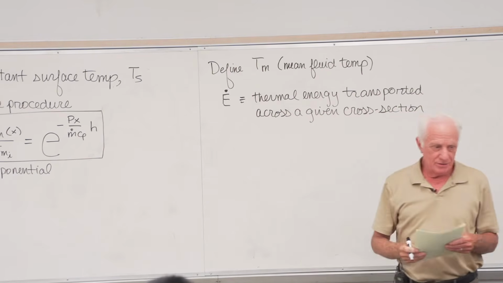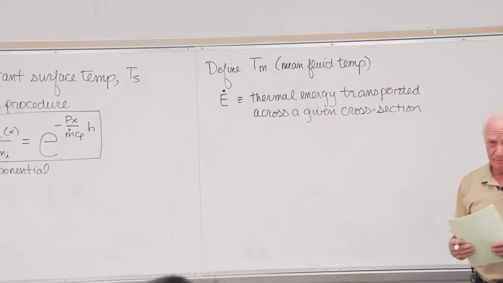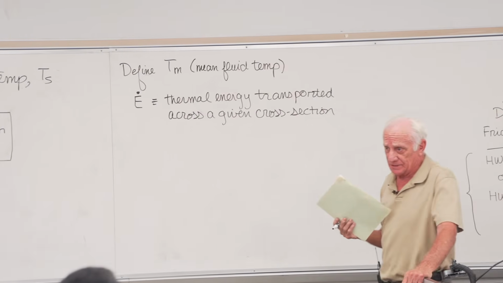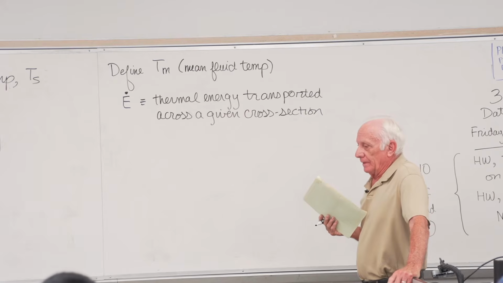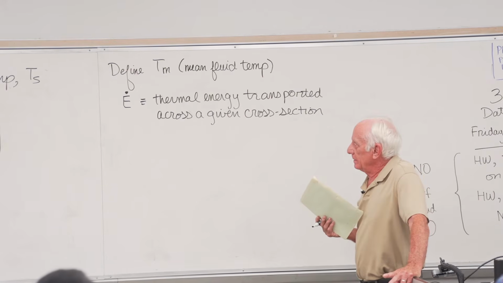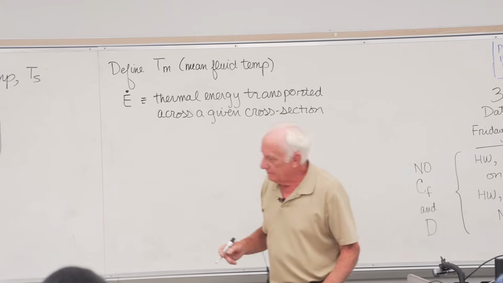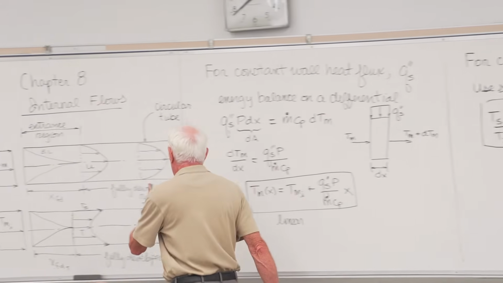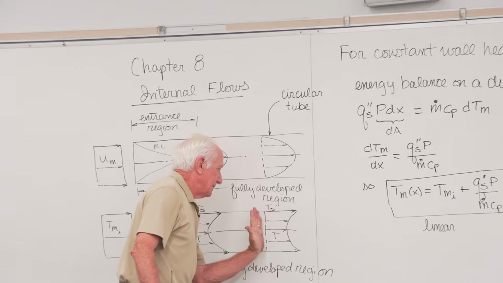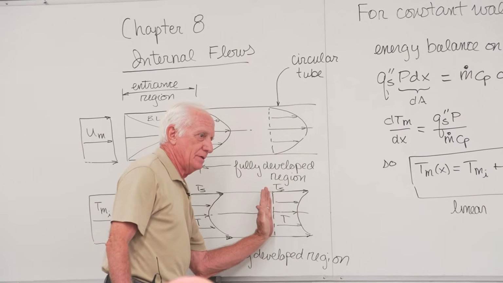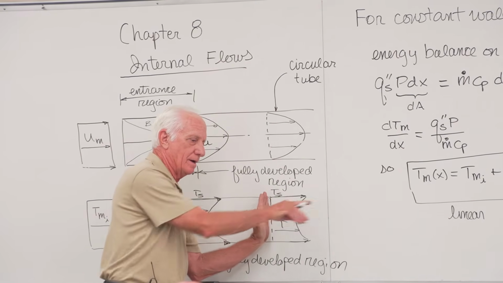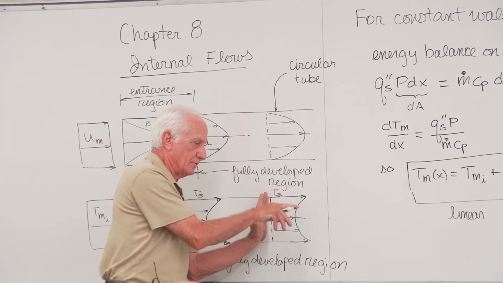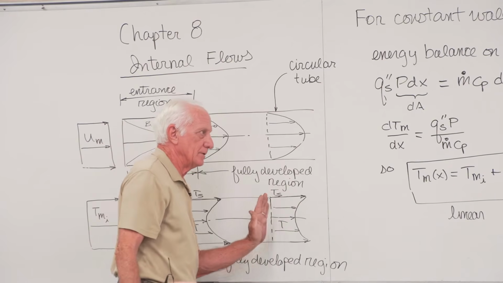E dot is energy, joules. Dot means per time, joules per second, watts. So that E dot stands for, if I put my hand here, the energy crossing my hand. How much energy goes across my hand at that x location?